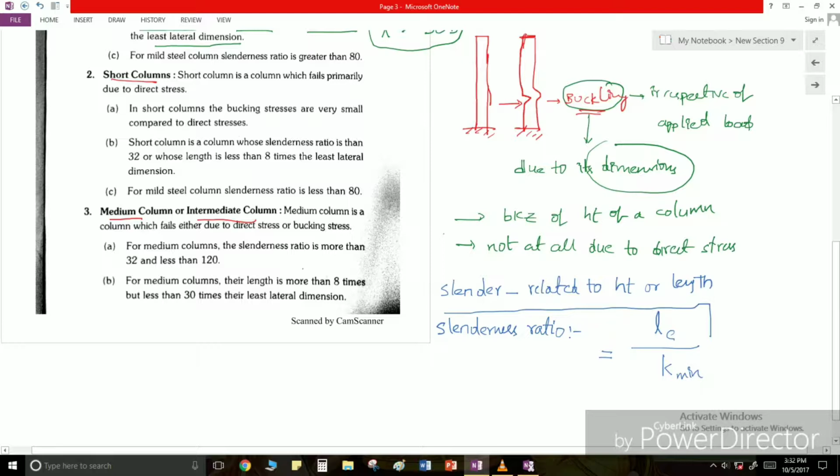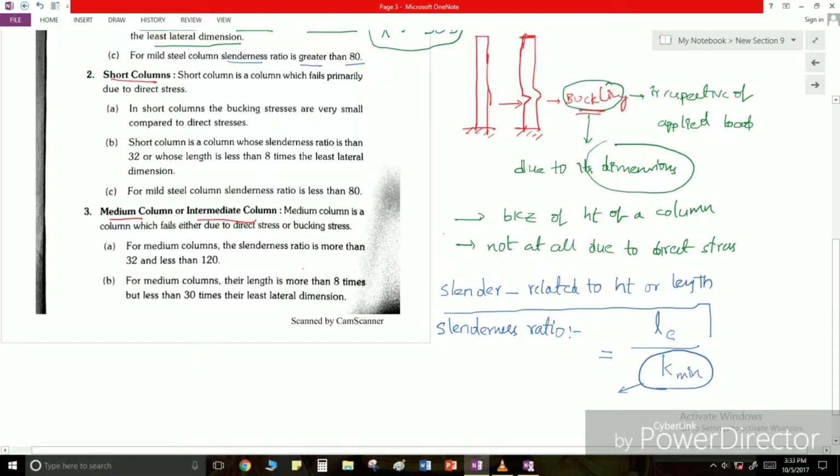Slenderness ratio is defined as the ratio of effective length to the least radius of gyration. And if the slenderness ratio is greater than 120, then the column can be classified as a long column.